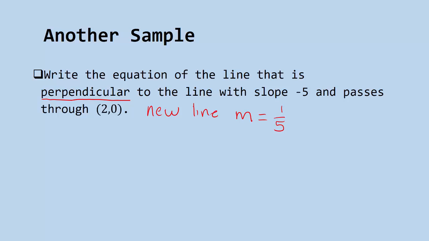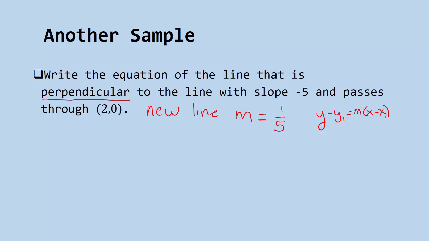So I'm still going to have to do a little work for this. But I can use either the slope-intercept or the point-slope form. For this one, let's go ahead and try using the point-slope form. Again, y minus y1 equals m times x minus x1.